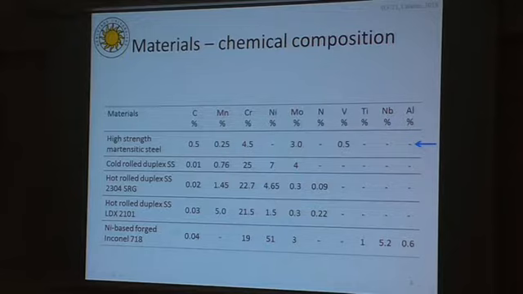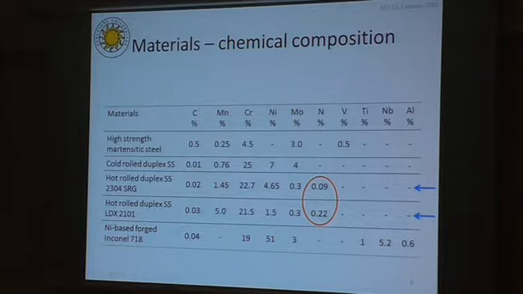In order to fulfill the aim of this study, we have taken a variety of materials with different chemical compositions. For instance, a high strength martensitic steel, a cold rolled duplex stainless steel grade, and two hot rolled duplex stainless steel grades, 2304 SRG and LDX 2101.